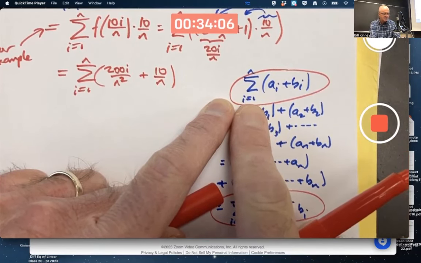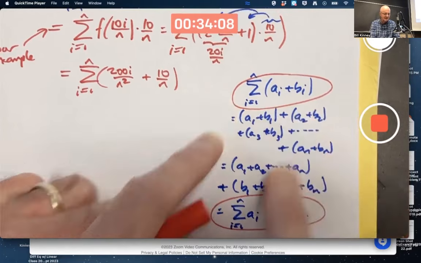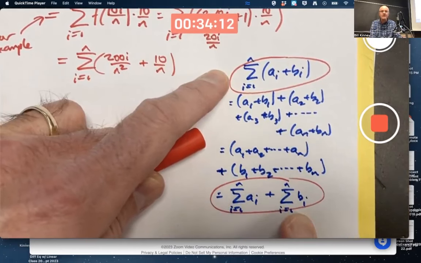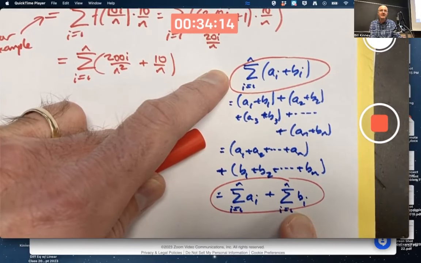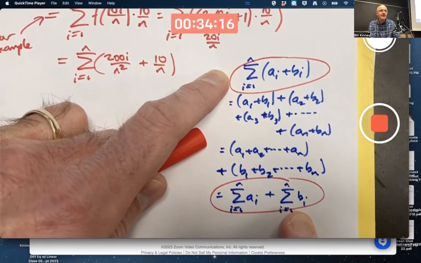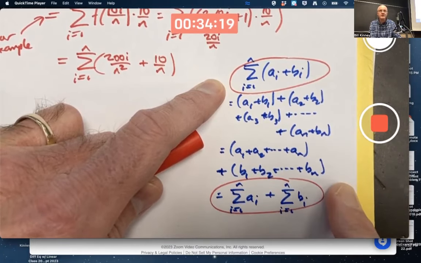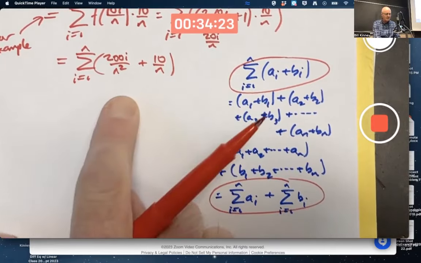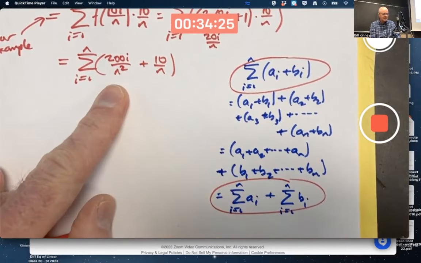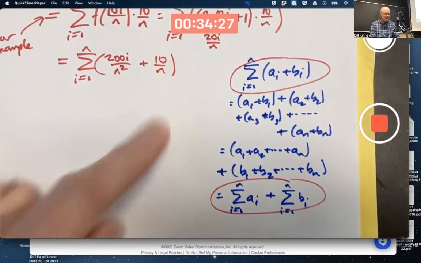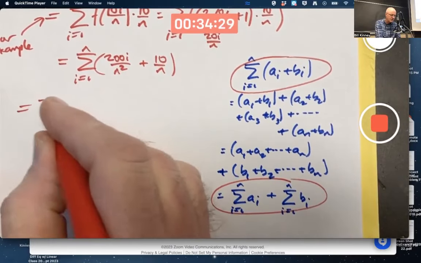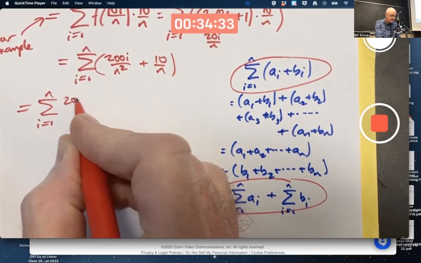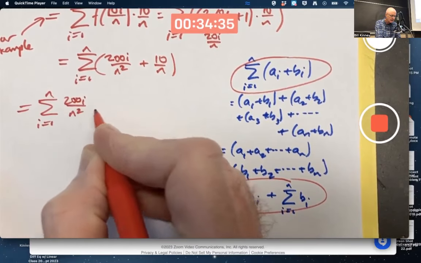So I'm not actually multiplying the summation times this, and I'm not literally using the distributive property to go from here to here. It just kind of feels that way. It is based on the associative and commutative properties of addition. Let me do that here, with this thing being like the AI and that thing being like the BI. So I get the sum of two summations. Like this.